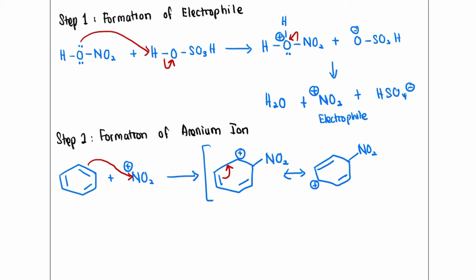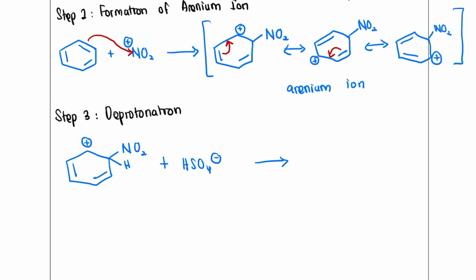Okay, and then we need to write another resonance structure, which is this double bond pula yang move to this bond. So kita akan form another resonance structure. Double bond sini, this double bond remains, NO2 dekat sini. So that means the positive is here. Okay, so ini adalah arenium ion punya resonance structure. Okay, so basically settle for step 2.